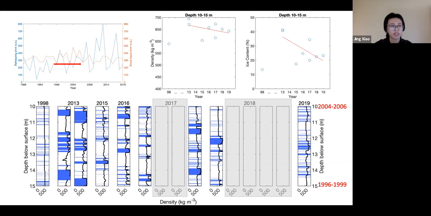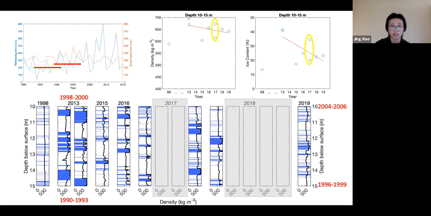As shown in this MAR figure, the refreezing during this time period fluctuated a lot, and it doesn't have a very clear increasing trend. So this is probably the reason for this slightly decreasing trend at this depth interval.